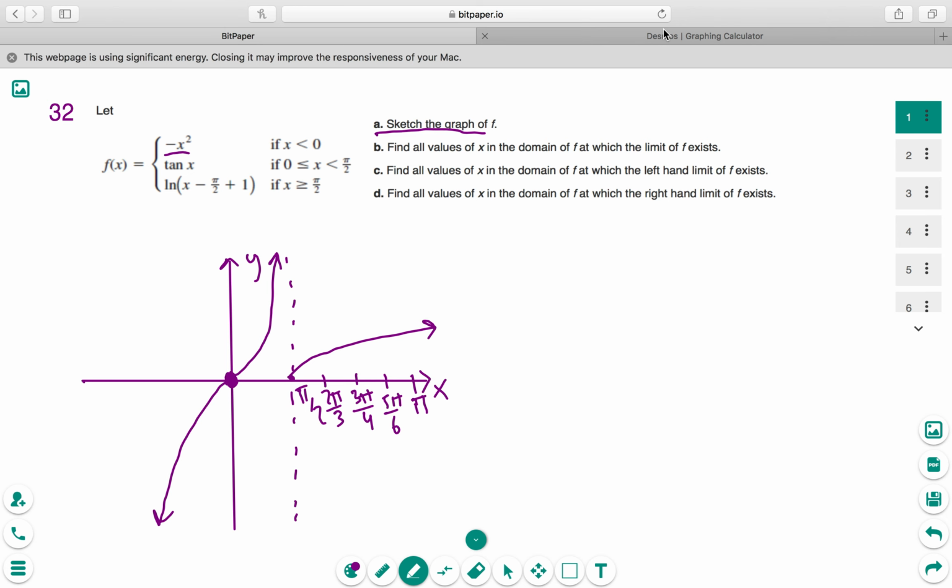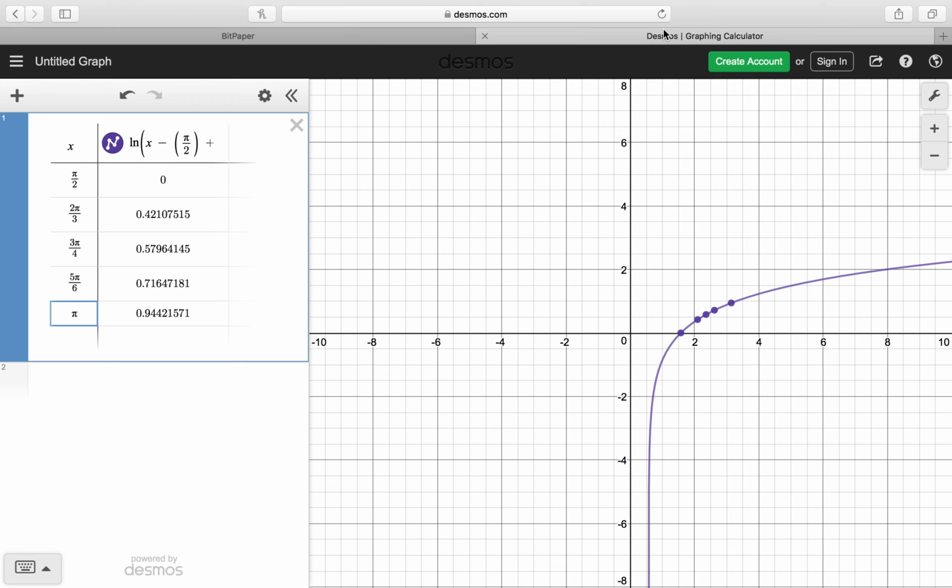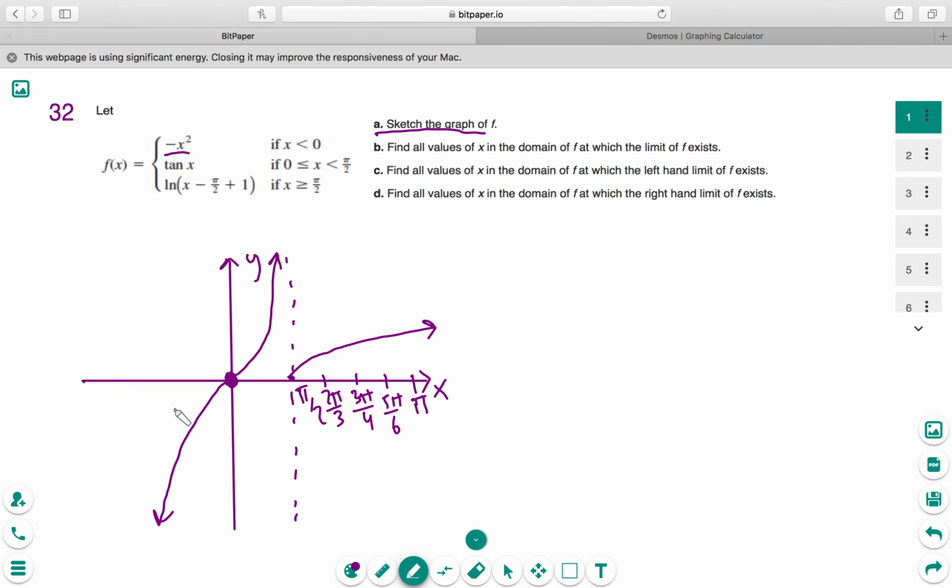Alright, and let's go over the decimals again and see what those values are. So for pi over 2, it's 0. I'm just going to do it to 2 decimal places. Actually, just 1. Why not? 0.4, then 0.6, then 0.7, then 0.9. Let's bring that over here. So we have this, 0.4.